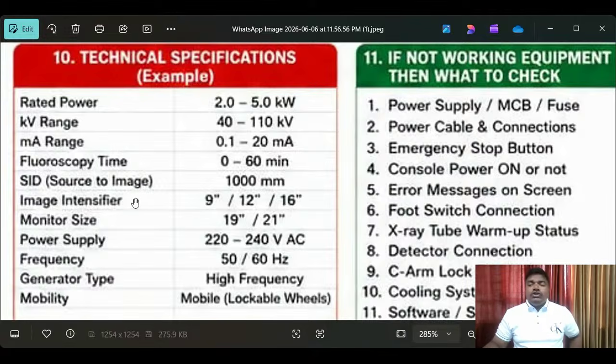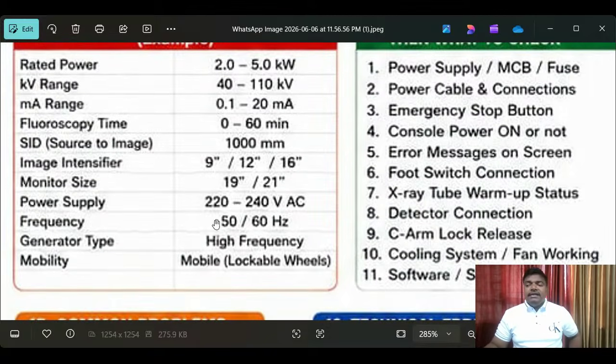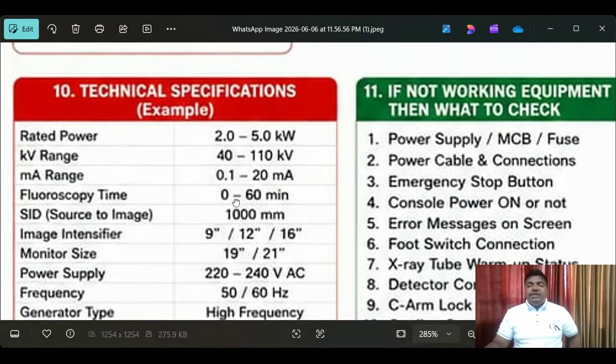SID, source to image distance, 1000 mm. Image intensifier 9 inches, 12 inches or 16 inches. Monitor size 19 inches. Power supply 220 to 240 volts AC, frequency 50 or 60 Hz. Generator type high frequency. Mobility: mobile with lockable wheels. So these are the specifications.